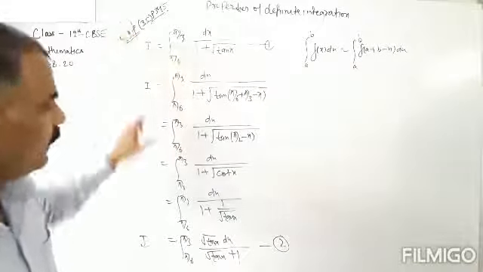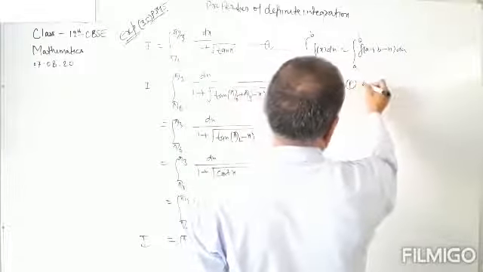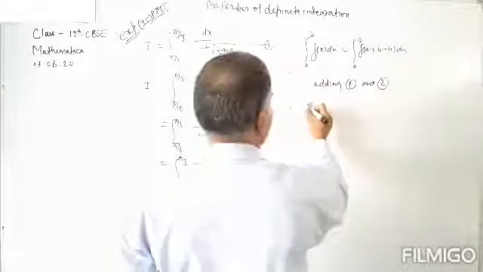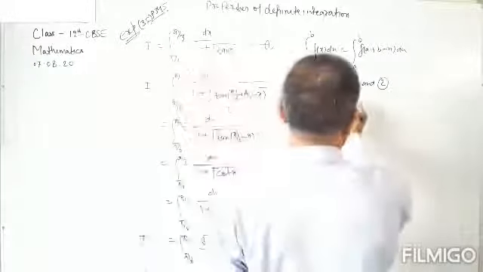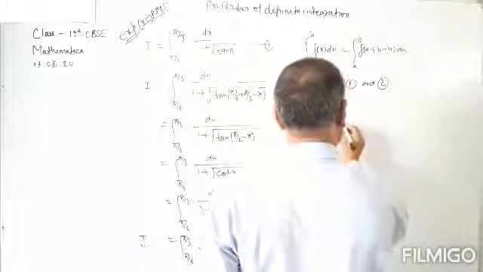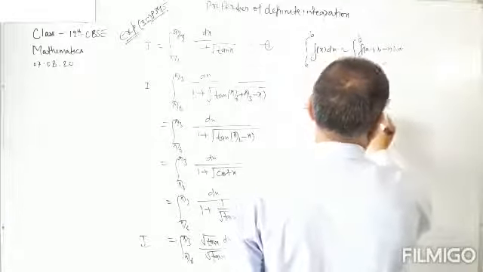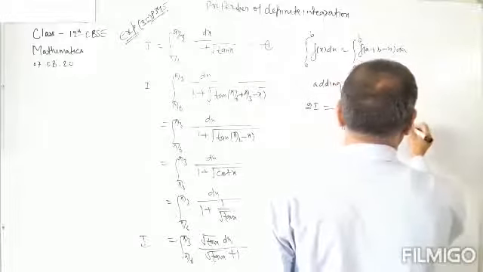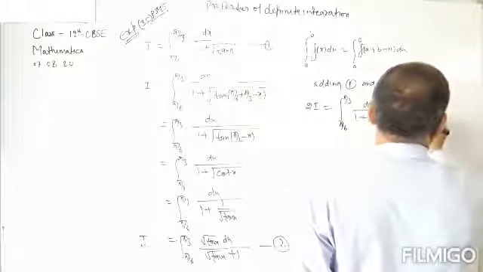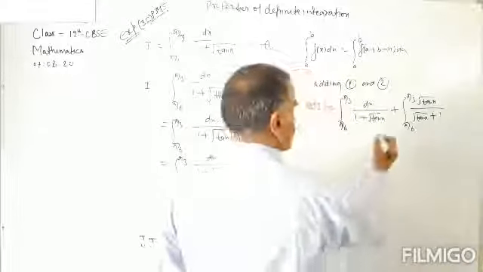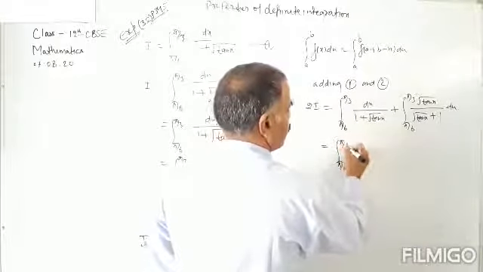Now we will add equation number first and second. Adding them, we have I plus I, 2I, on the left hand side, and on the right hand side the integral from pi by 6 to pi by 3 of dx upon 1 plus under root tan x plus the integral of under root tan x upon under root tan x plus 1, dx.